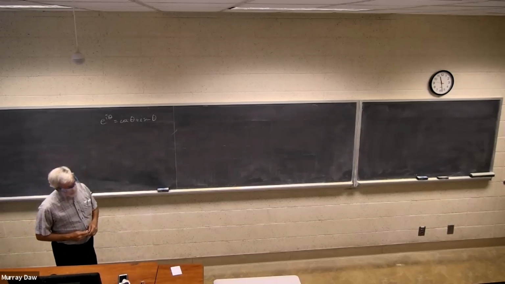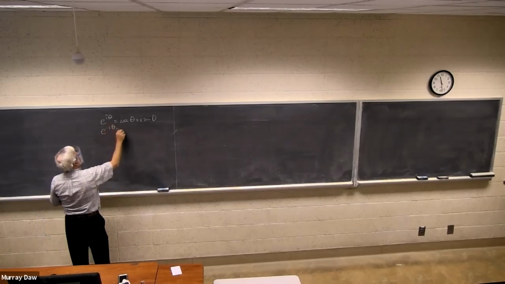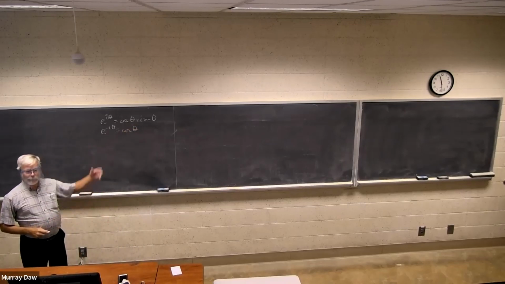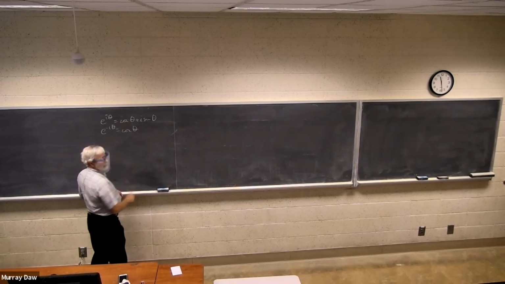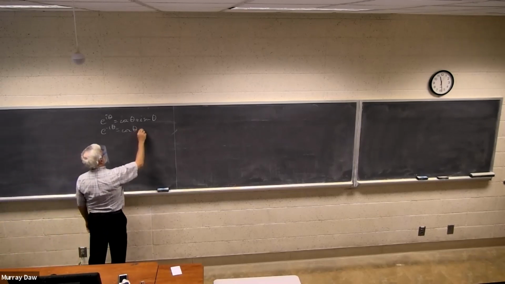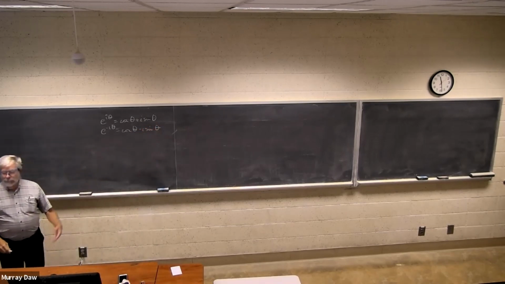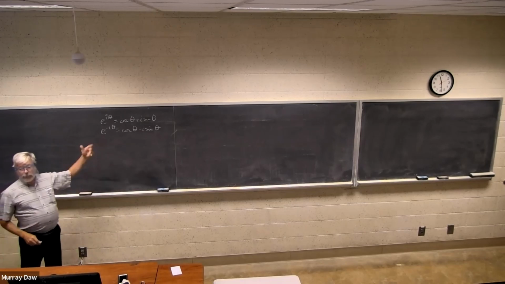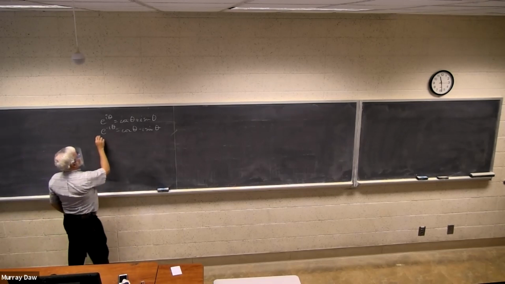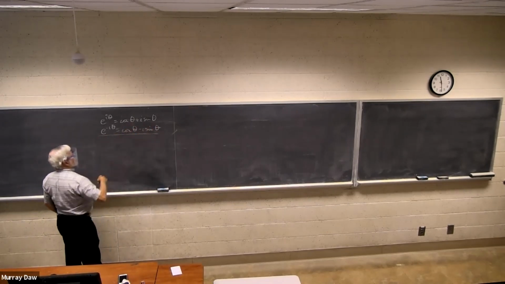But I want to point out here that if I flip the sign of theta, or take the complex conjugate, you see my problem when I say sine? Okay, that's why I talk about the sign. If I take the complex conjugate, or flip the sign of theta, and add these together, the imaginary parts cancel out.